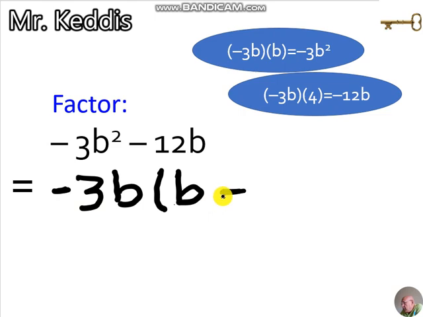Negative times negative, I get positive, but I have to make this sign positive to get the negative 12. 12 means negative 3b times 4, you get 12. Means negative 3b times b, you get negative 3b squared. Negative 3b times 4, you get negative 12b.